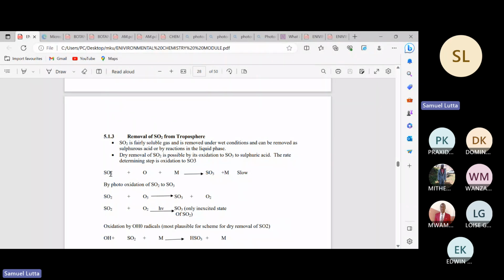When it is oxidized, it picks up oxygen in presence of a third body. You form what we call sulfur trioxide. So you can oxidize sulfur dioxide to sulfur trioxide through oxidation. So here we can see the reaction is being carried out by oxygen. It can also be oxidized by ozone, where ozone gives out one oxygen.